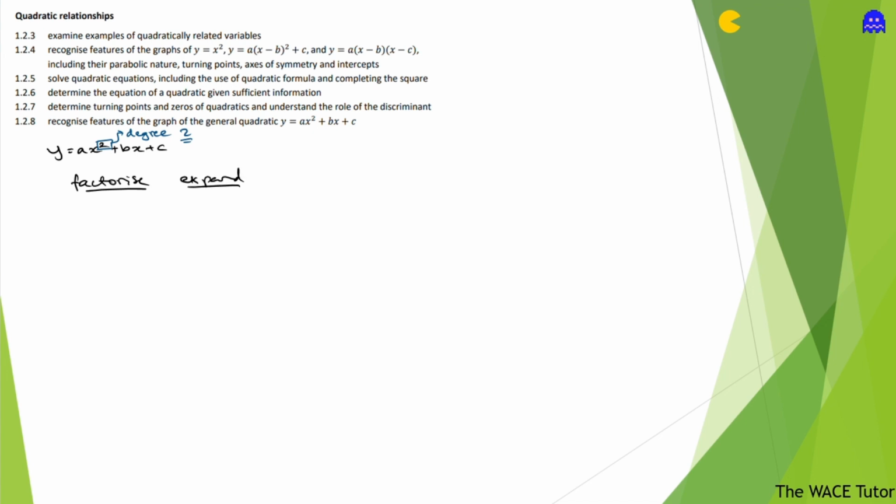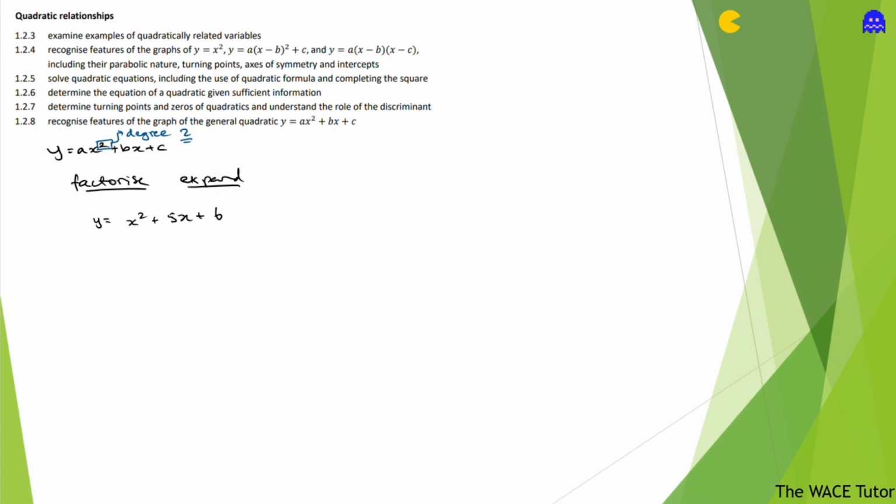Generally, if you're trying to solve quadratics, what you do is move from their expanded form to their factorized form. An example might be y equals x squared plus 5x plus 6.